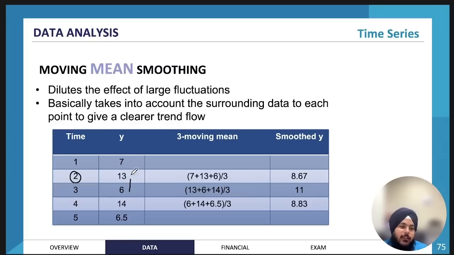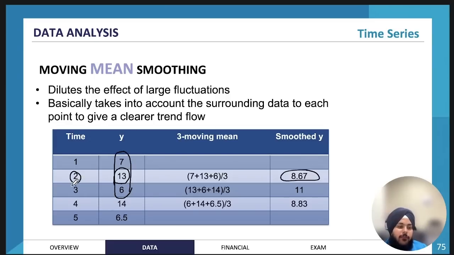We need to calculate the mean of these 3 values, with 13 being the center point of these 3. So essentially, we just add all 3 values and we get a smoothed y value. That is basic moving mean smoothing.